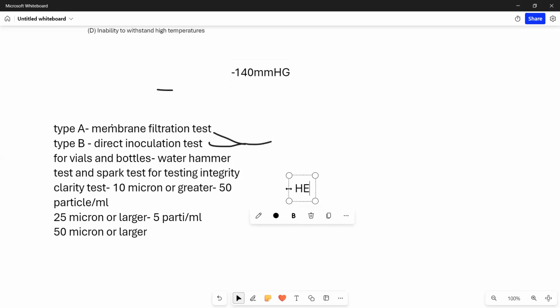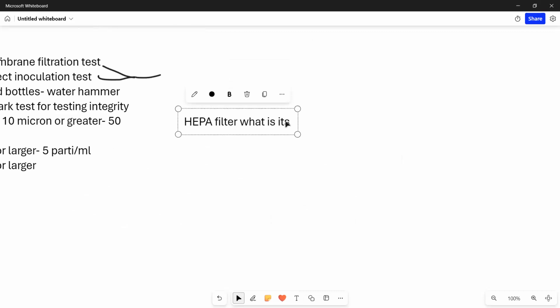For a HEPA filter, what is its efficiency? Let me first write the question.